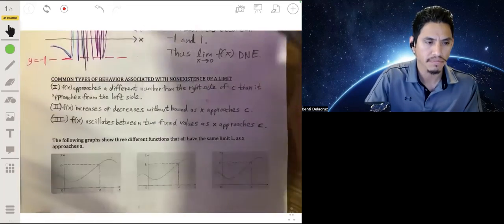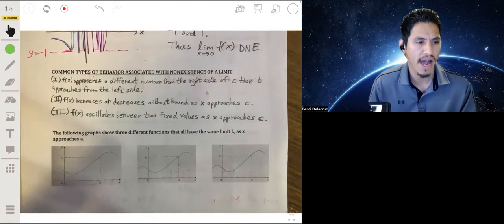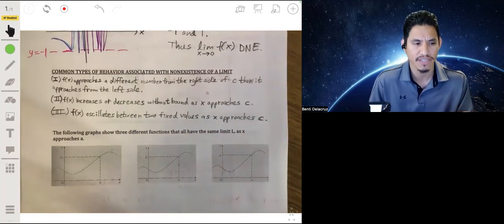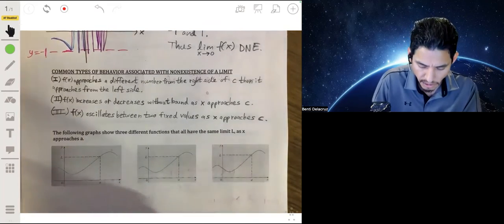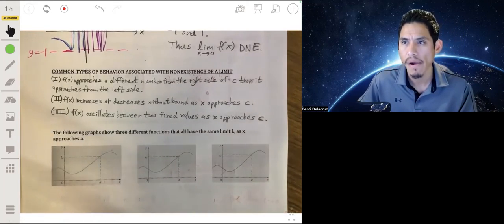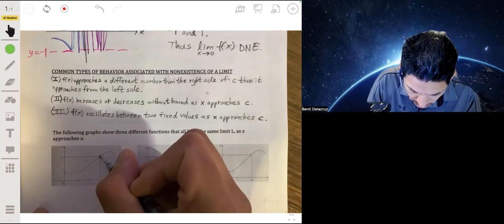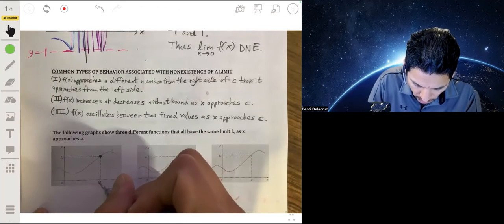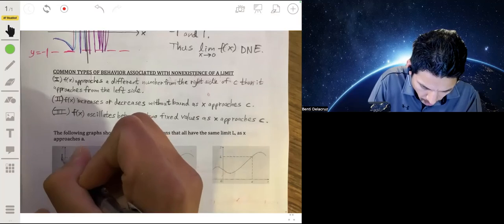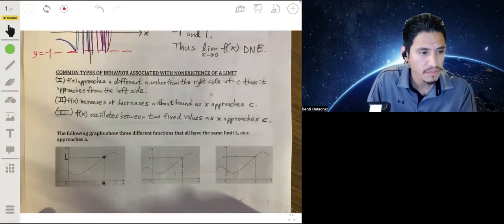Okay, now let's look at this last set of graphs to understand how a graph may look different but have the same limit at a point. So here we have this point A, this L. We have a filled-in circle for this.